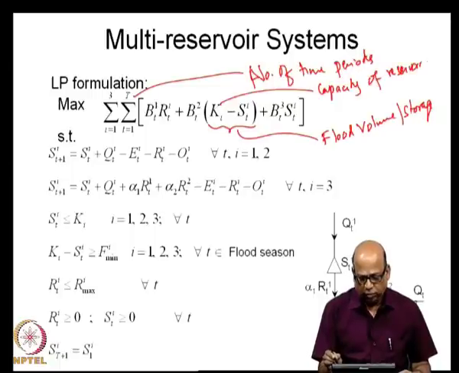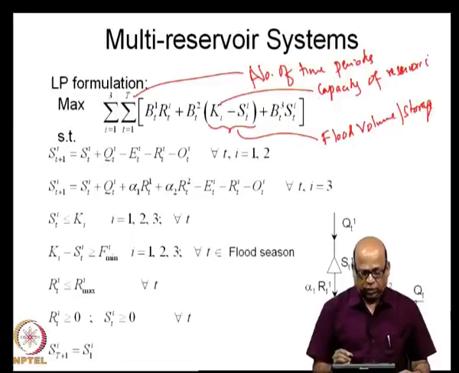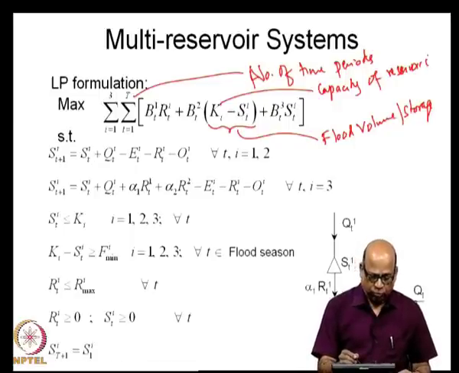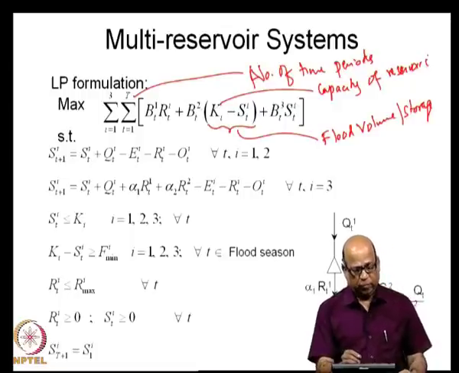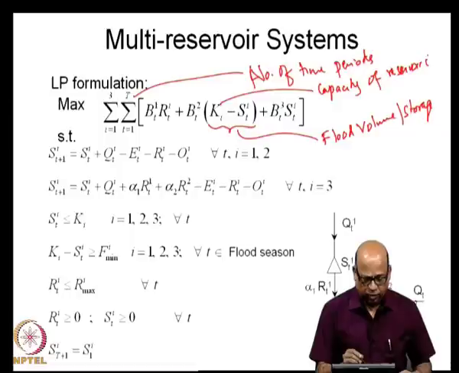So, if you have a storage S_it in reservoir i, you have the flood freeboard available of K_i minus S_it, and associated with this flood freeboard, you have a return of B2t per unit storage that is made available, and therefore, you multiply this B2t into that.